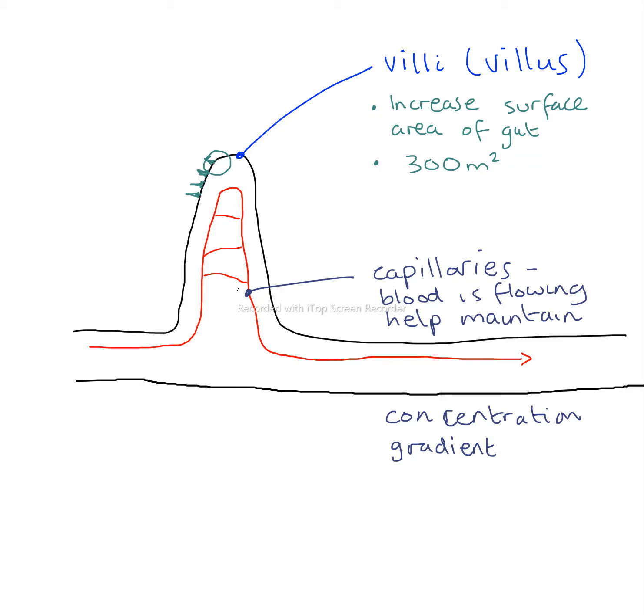Right, so you've got a network of capillaries. The blood that is flowing helps maintain the concentration gradient. What else is there about capillaries? The capillaries are also thin. That again makes for a short diffusion distance. What that means is diffusion can occur more quickly.